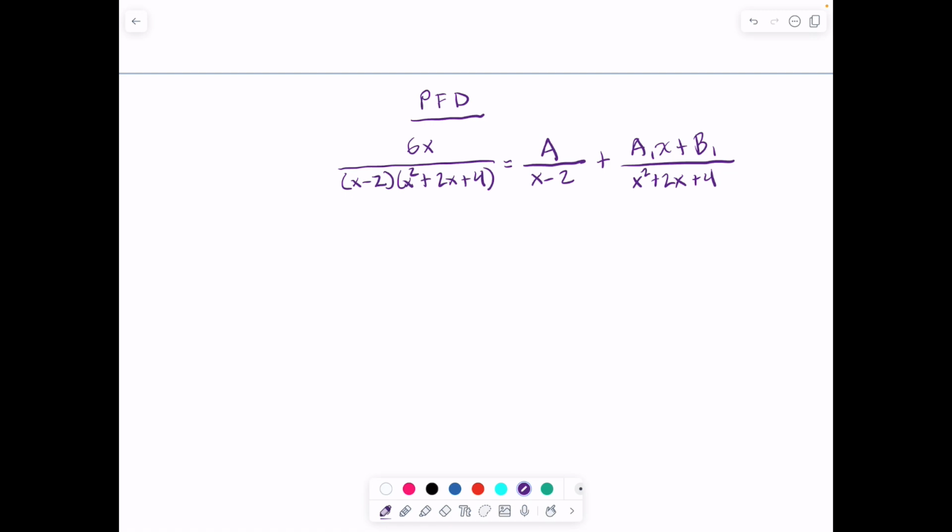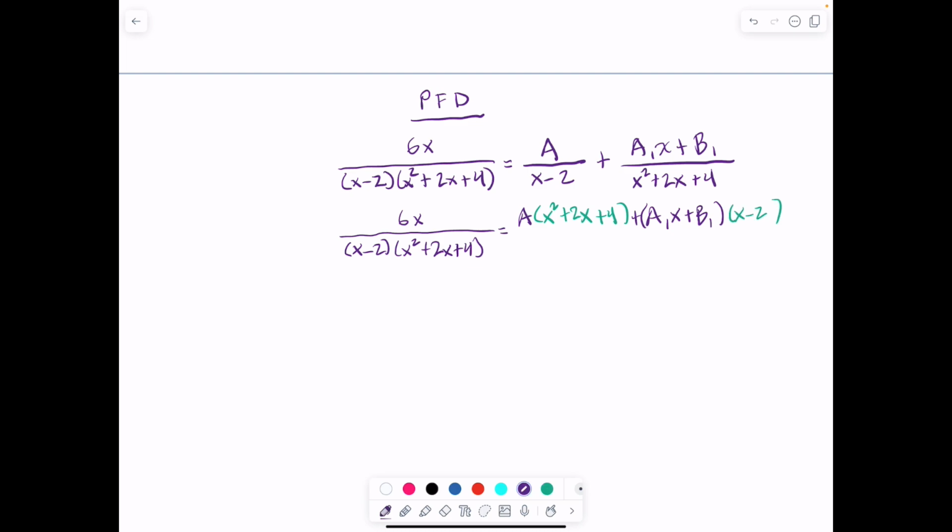Awesome sauce. So now, getting a common denominator on the right side, I need to multiply my A by x squared plus 2x plus 4, and then multiply my a1x plus b1 by x minus 2 in order for us to have that common denominator we're looking for, which is x minus 2 times x squared plus 2x plus 4.